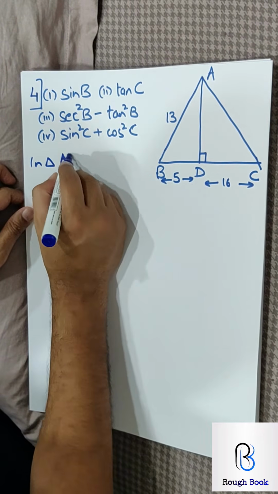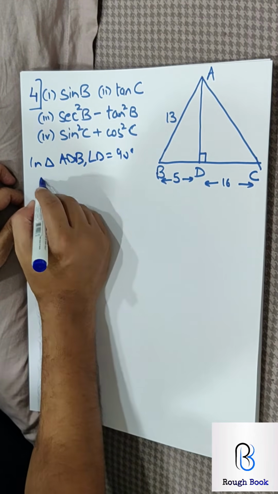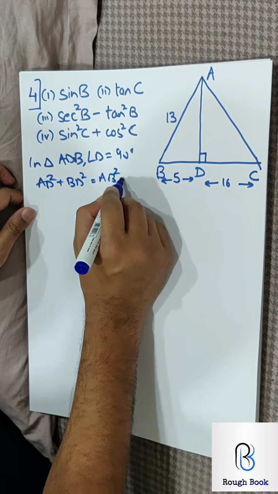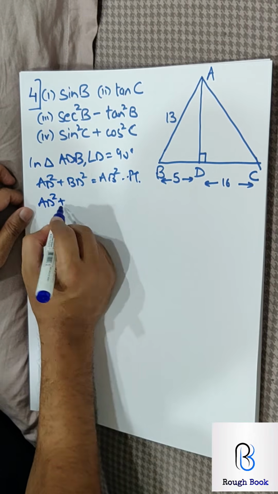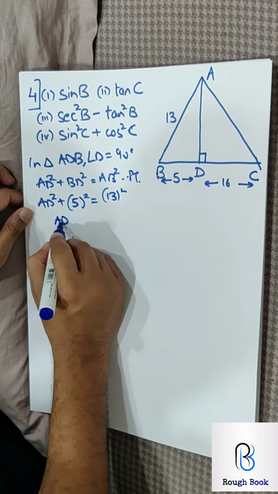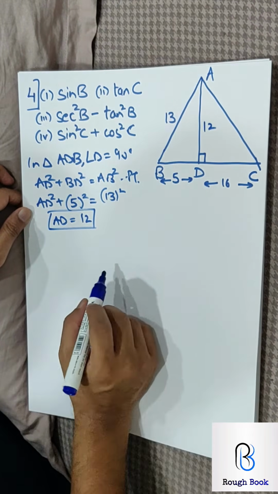In triangle ADB, angle D is 90 degrees. So I get AD square plus BD square equals AB square, Pythagoras theorem. So AD is unknown, BD is 5 and this is 13. We know by triplet I will get AD as 12. So I am not wasting my time. I got AD 12.